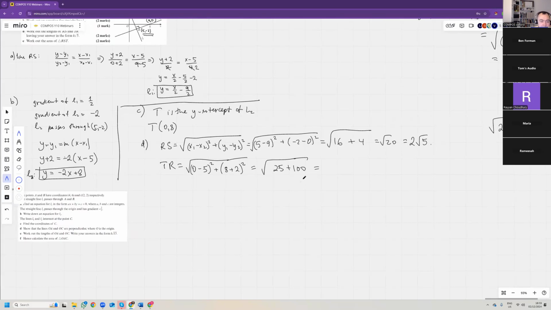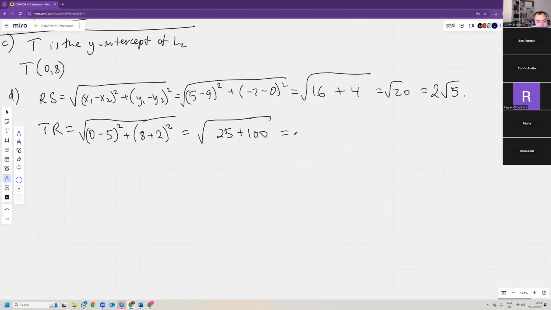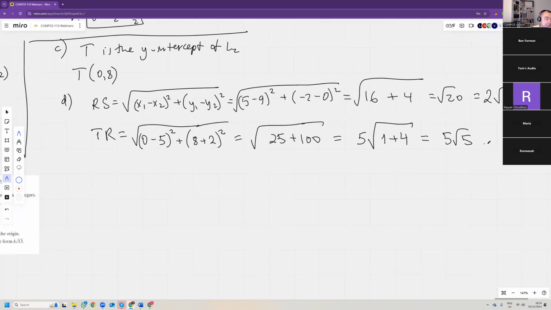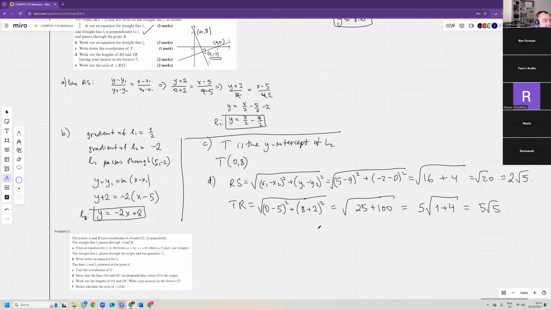Once again, here I can take 25 out, it becomes 5 square root, and that's 1 plus 4. I hope that makes sense. I take 25 out, it becomes 5, and I'm left with 1 plus 4. So that's 5 root 5. That's TR. And now they're asking, what is the area of triangle RST?